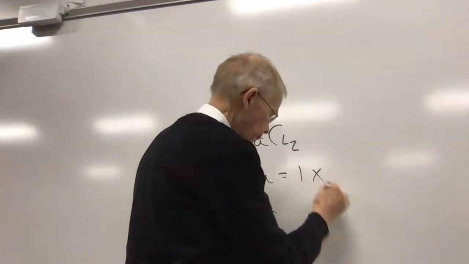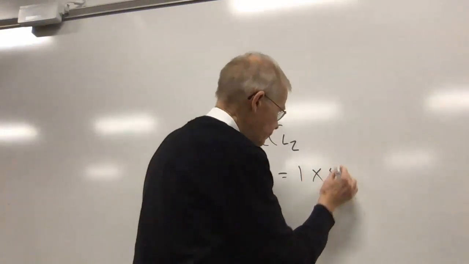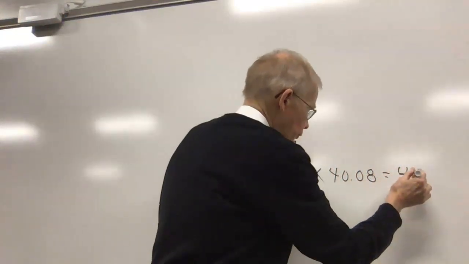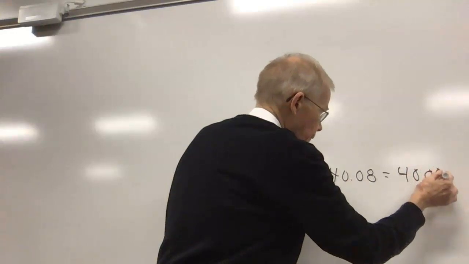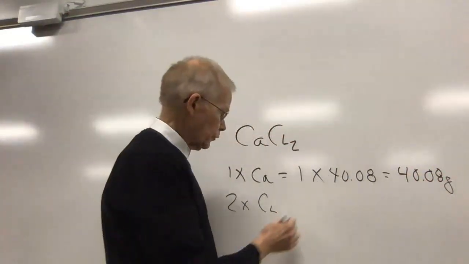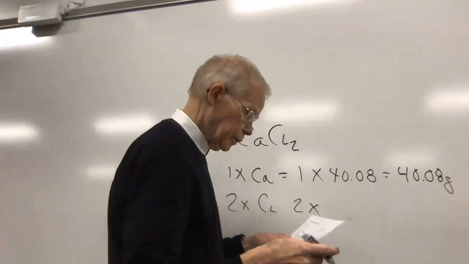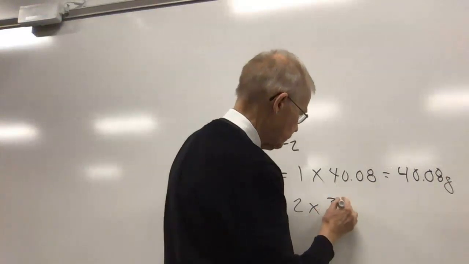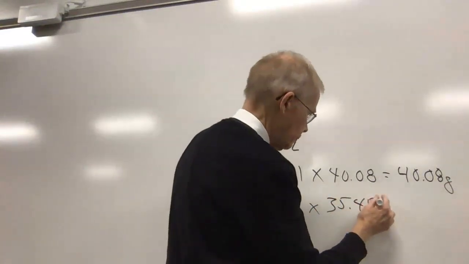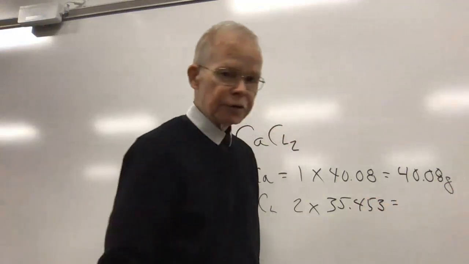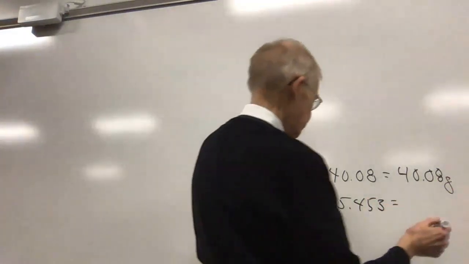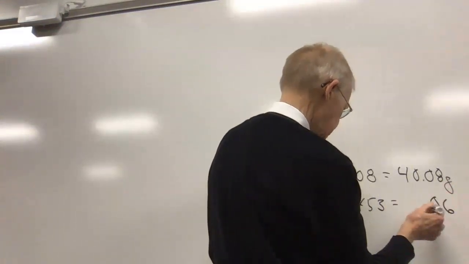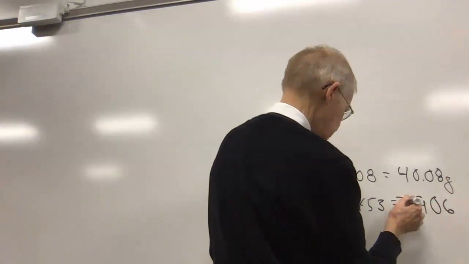For calcium, it's 40.08. That carries through to 40.08 grams over here. For chlorine, I have to multiply it by 2, and chlorine is 35.453. What I'll do is multiply that by 2, so I will get 70.906.